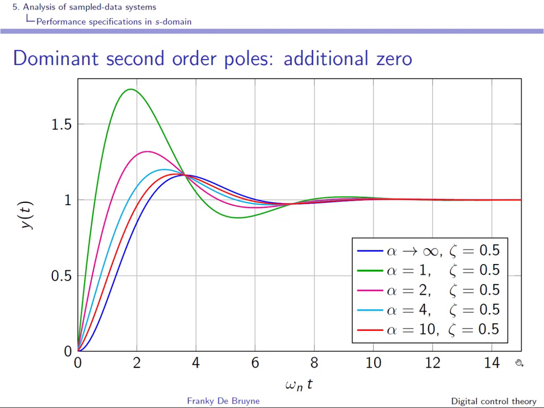Remember that alpha equal to infinity corresponds to the response where there is no zero, and we know that for zeta equal to 0.5, the step response in this case will give an overshoot of around 16%.